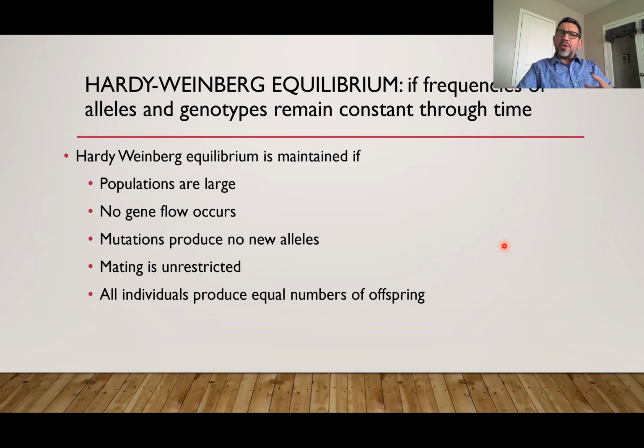So now you have to think about what would it take for a population to remain constant with regards to its gene pool, to maintain the Hardy-Weinberg equilibrium. And so biologists have identified 5 conditions such a population at equilibrium must meet.